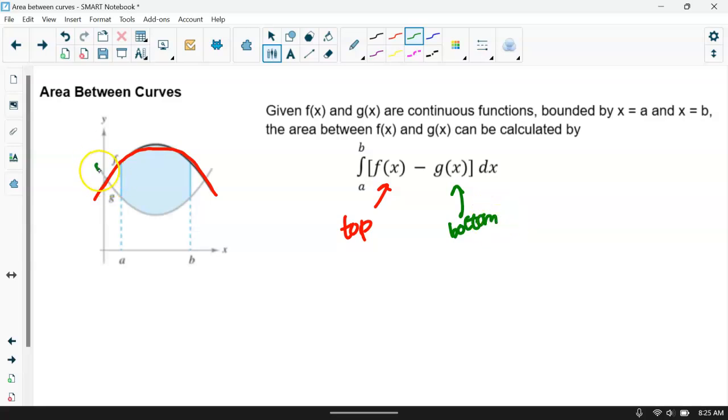Notice how here g of x represents the bottom. And again, a to b, or if you're not given a to b, we're going to focus on the region where they are together, so we're going to focus on the endpoints here.